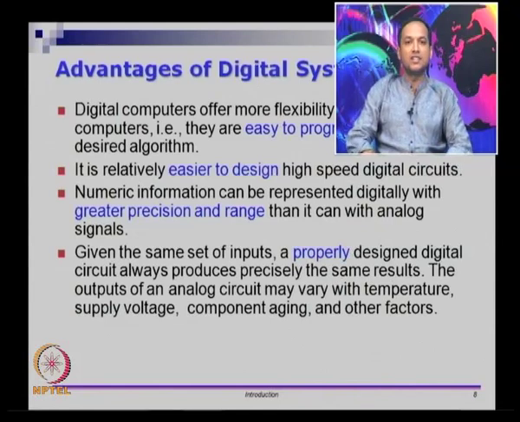Then the third bullet is that numeric information is usually represented with a much higher precision and range with digital circuits than with analog signals. And in terms of reproducibility, if you design a digital circuit properly, given the same inputs, it will produce the same output every single time, as opposed to analog circuits where there are external factors which can influence how they work.